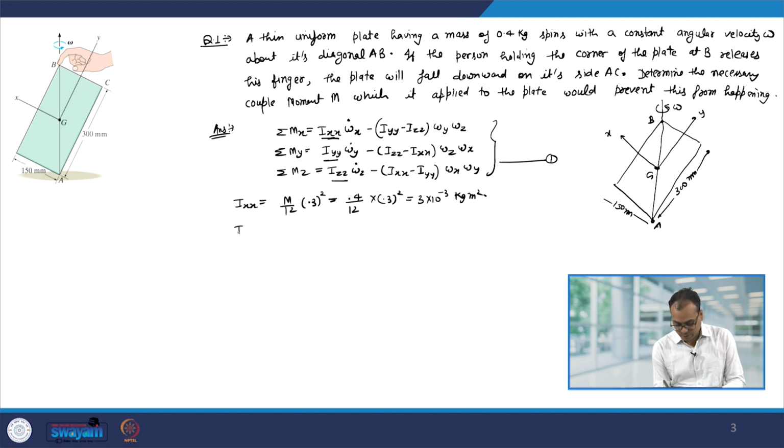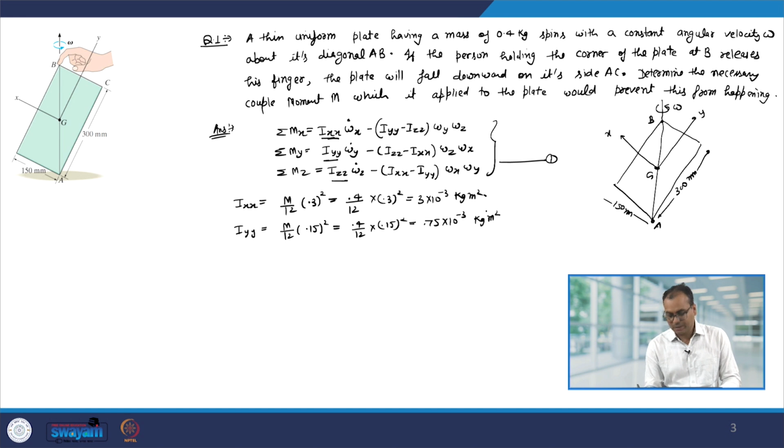Now, the moment of inertia about the y axis will be m by 12 into the length which is 0.15 square, and m is 0.4. Therefore, this comes out to be 0.75 into 10 to the power minus 3 kg meter square. And the moment of inertia about the z axis can be found out by the perpendicular axis theorem.